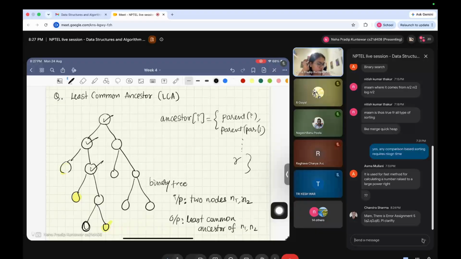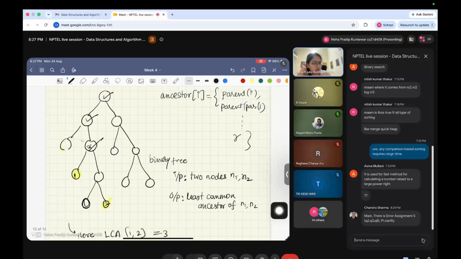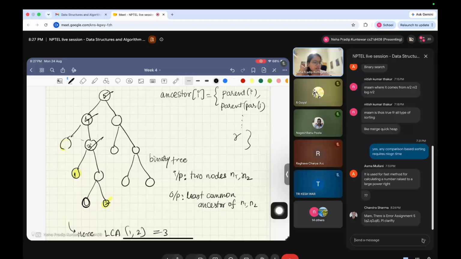In this case, the least common ancestor of 1 and 2 is 3, even though 4 and 5 were also ancestors.